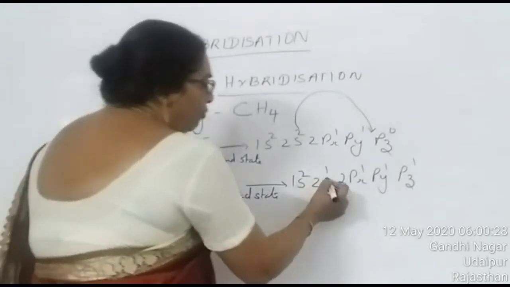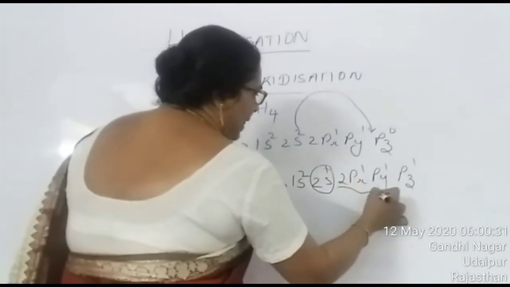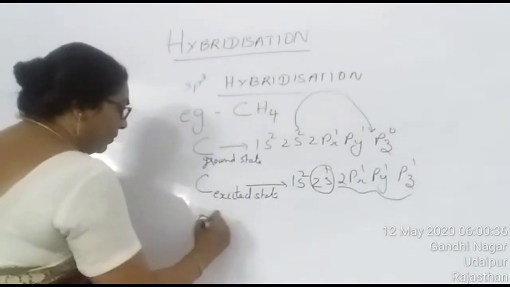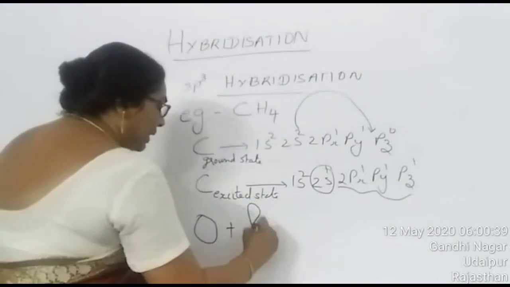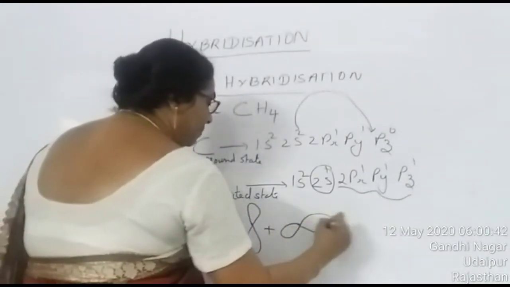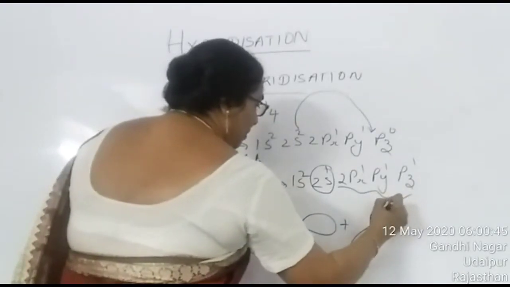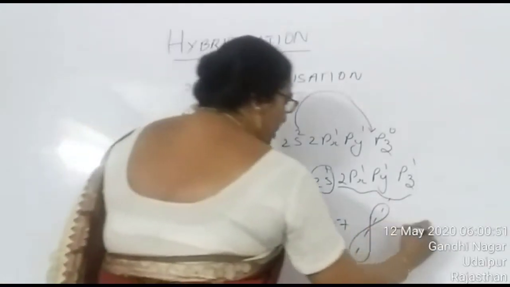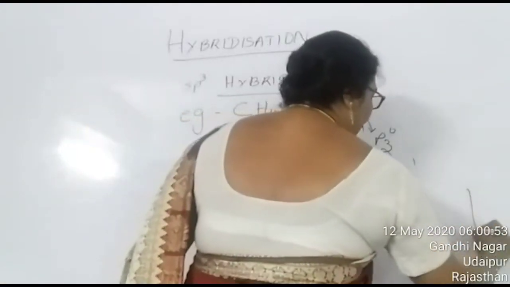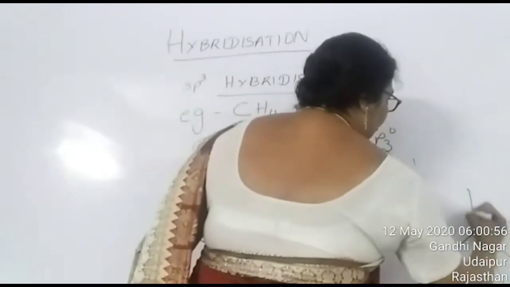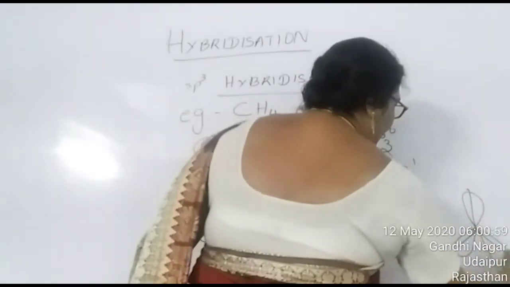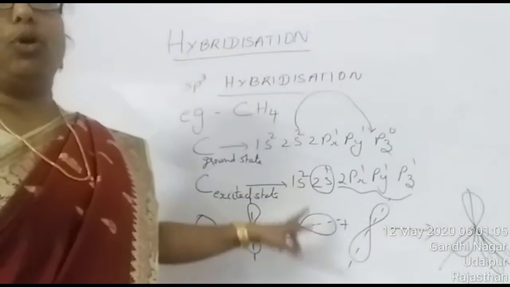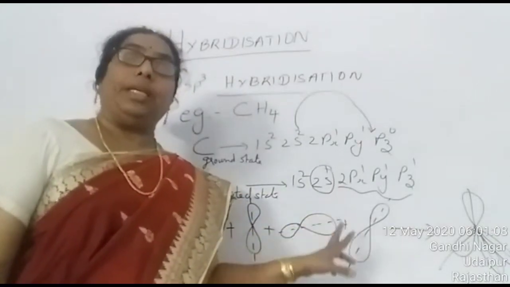Now let us see here. One s orbital undergoes hybridization with 3 p orbitals. All of them are half filled. So it undergoes hybridization with 3 p orbitals and produces 4 sp3 hybrid orbitals, and obviously the structure is tetrahedral with a bond angle of 109 degree 28 minutes.